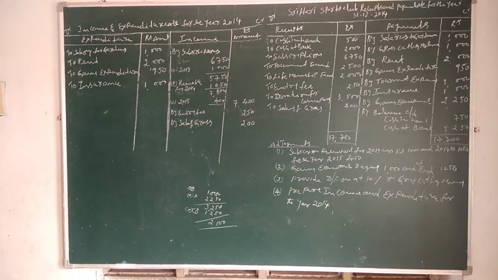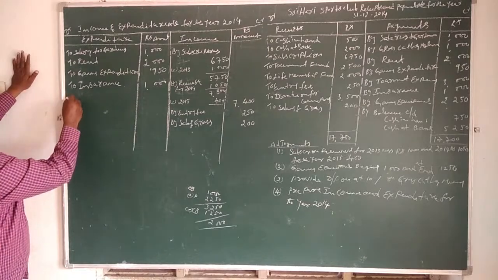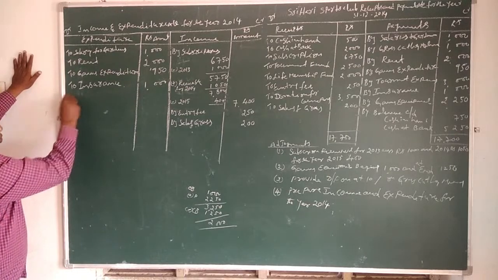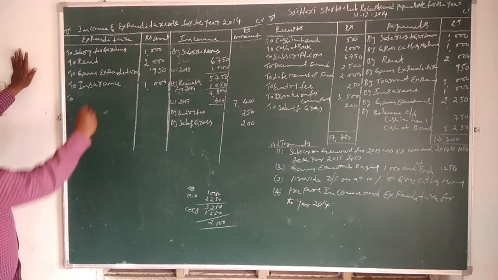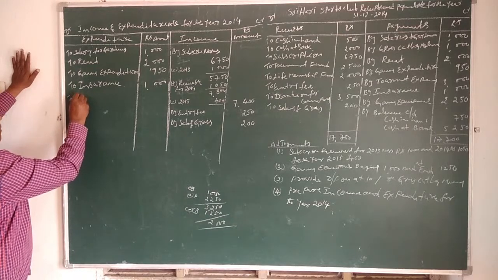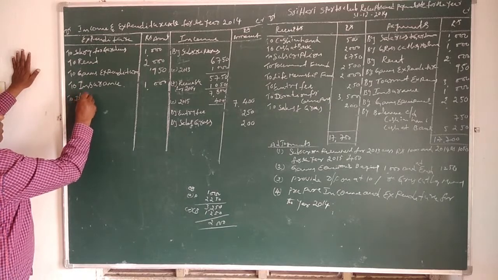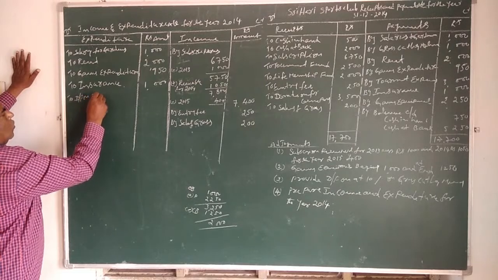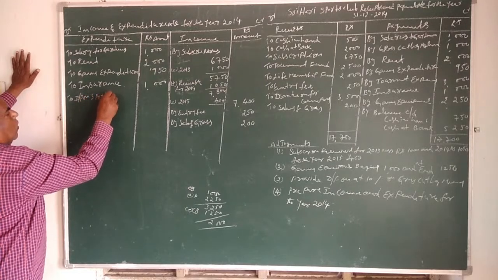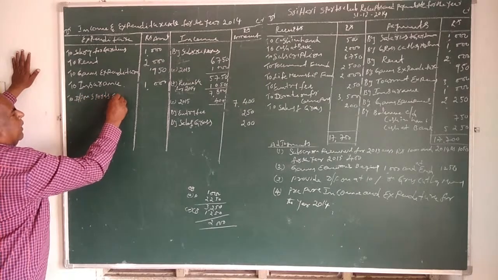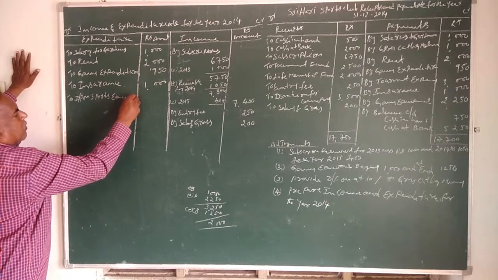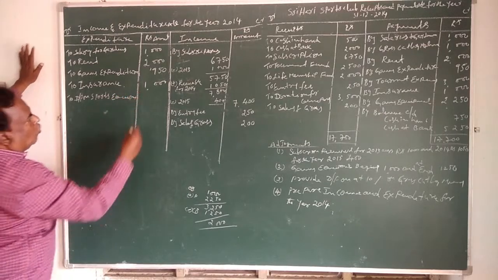It must be recorded on the debit side of the income and expenditure account: to depreciation on sports equipment 2,000 only.